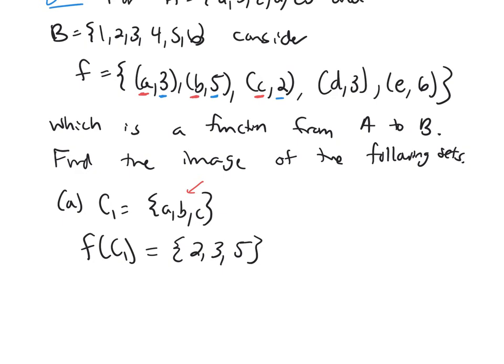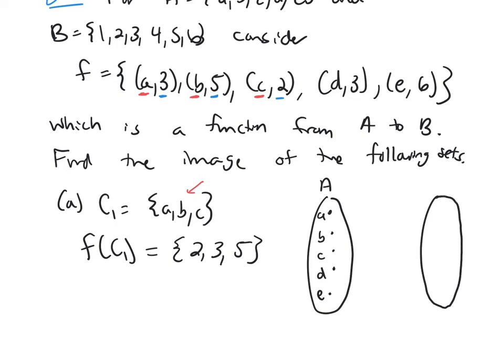Another way you might want to look at this problem is using the visualization of this function. So let's visualize this function here. Here's my set A, which has a, b, c, d, and e. My set B, which has 1, 2, 3, 4, 5, and 6. And now we're going to fill in our arrows.